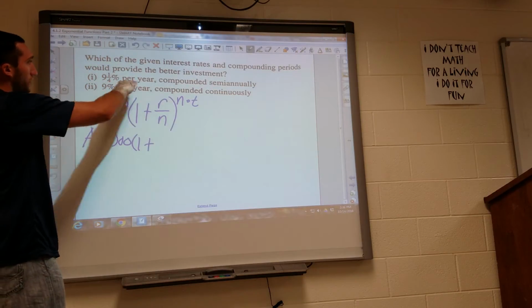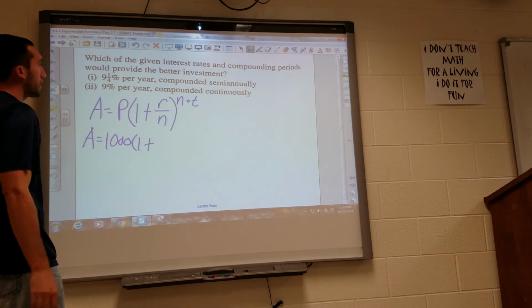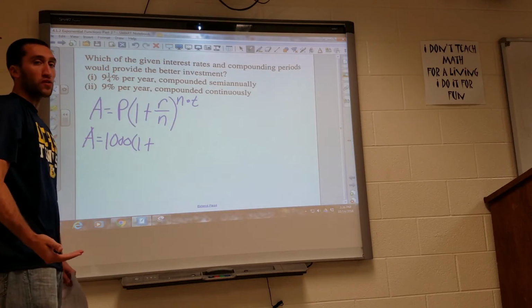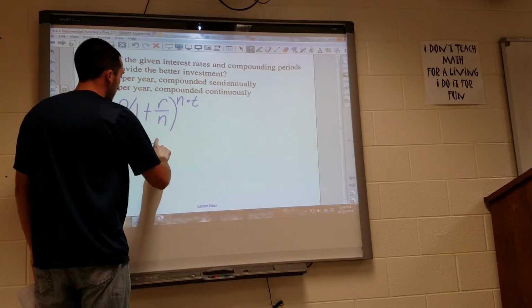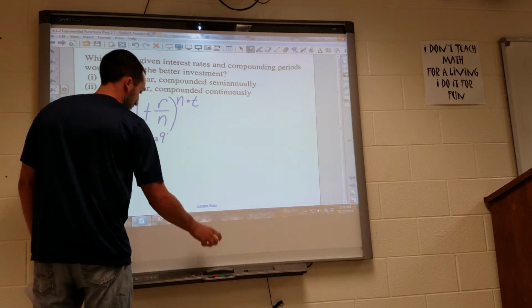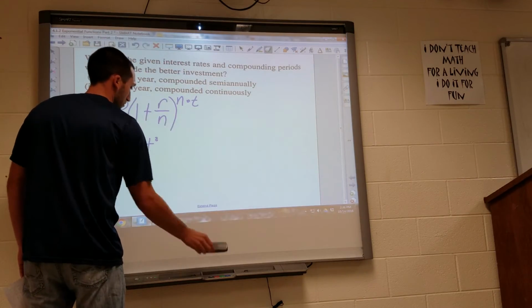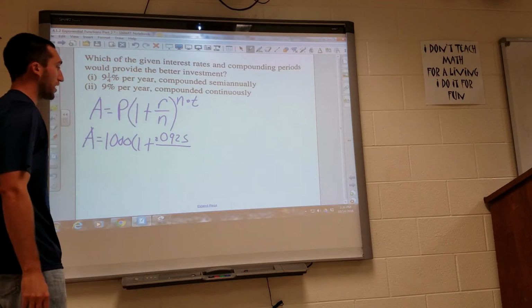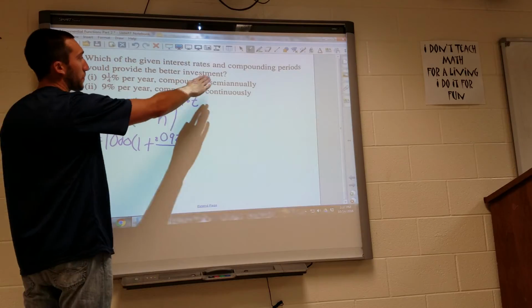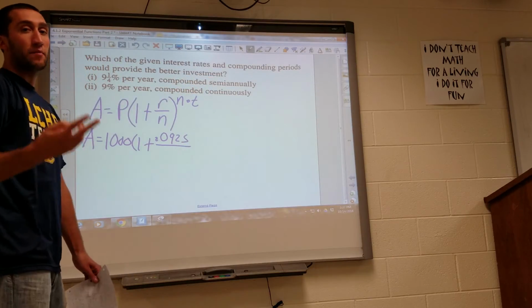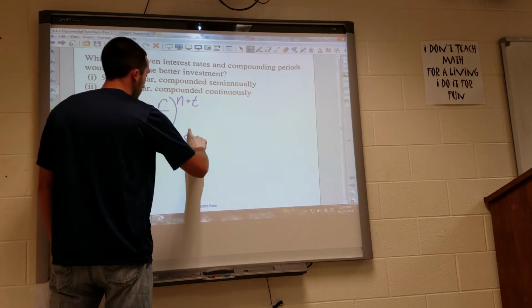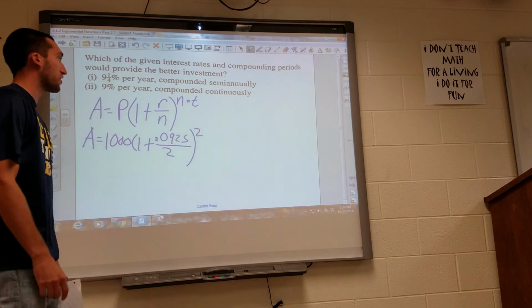The rate when I'm compounding semi-annually is 9.25%, and as a decimal that's 0.0925. And compounded semi-annually, semi means twice a year. So my N is 2 because I'm compounding twice a year.